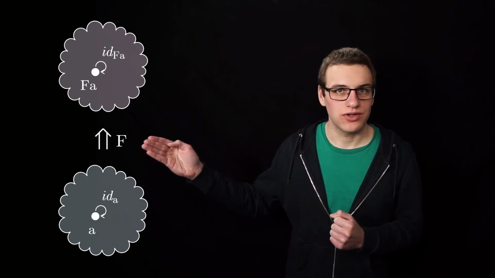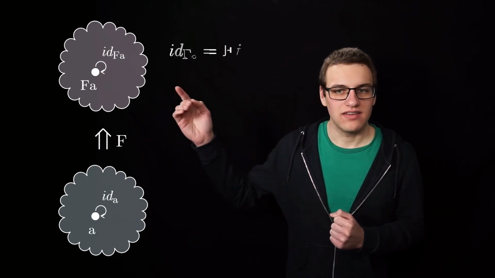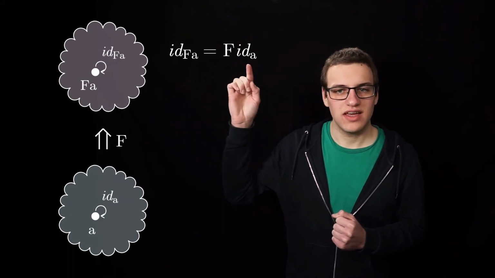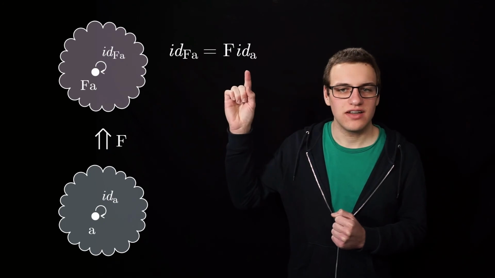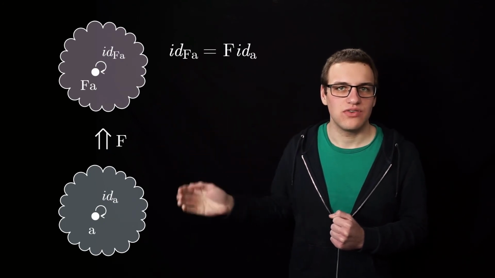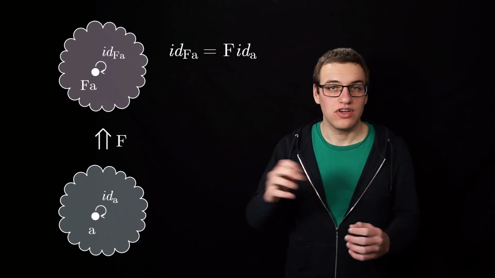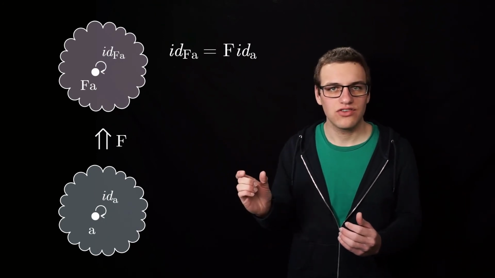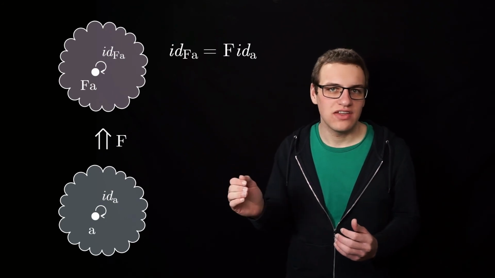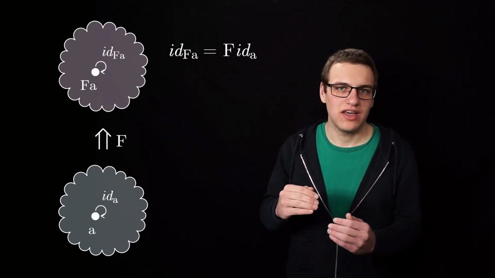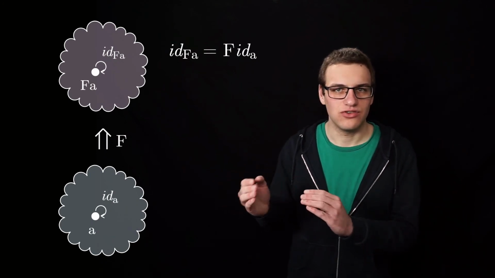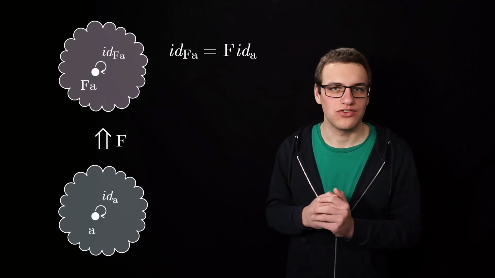But we also need to say that for F to be a functor, that identity function on F of A needs to be the same as what you get when you map the identity function of A. So the identity functions are preserved. So if you have a list and you use the map function to execute the ID function on elements of that list, then that is the same as just running the identity function on that list. The list elements should not change, and thus the list itself should also not change.